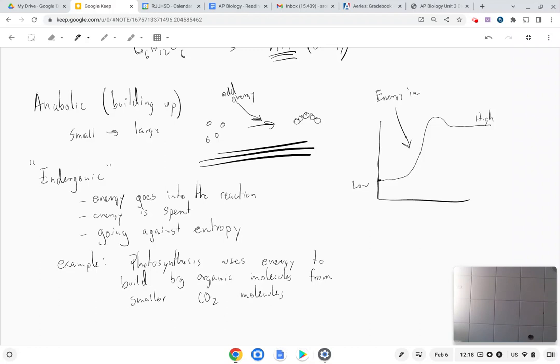It's kind of more complicated. It's not as simple as connecting a bunch of amino acids in a chain, right? Photosynthesis has a lot more steps and it's more complicated. And that's a lot of what you'll learn in this unit, actually. When you look at the reading, you'll see what I mean.